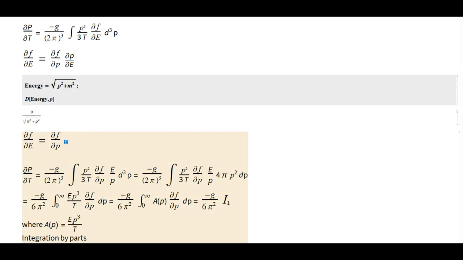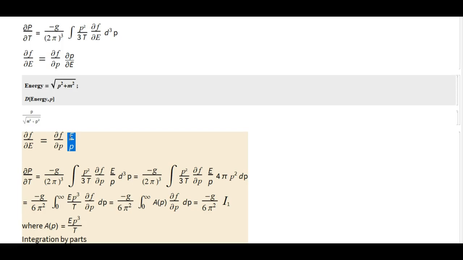Here p is momentum and E is energy: p over energy, momentum over energy, and the reciprocal of this will be energy over p.